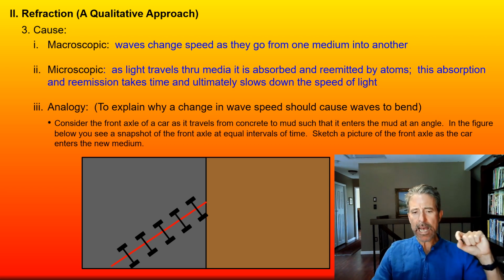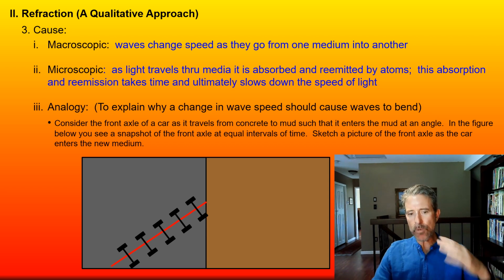Now let's consider what happens when your right-hand tire hits the boundary between the concrete and mud. Notice that your right-hand tire is going to hit the mud before the left-hand tire. And the truth is we only get refraction of light waves when that light ray or wave enters the medium at an angle, as the car is entering the medium at an angle.